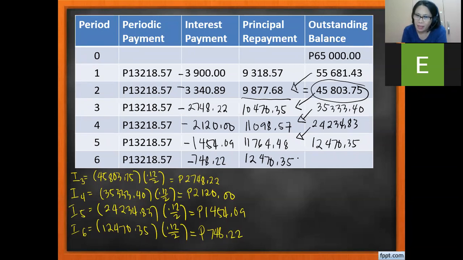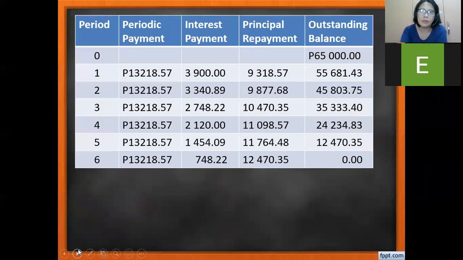And then subtract this from the outstanding balance and you will end up with a zero balance. Okay? So we have this one already completed after the 6th period or after 3 years.